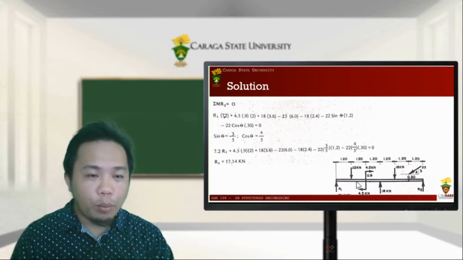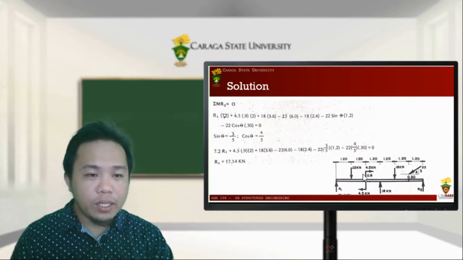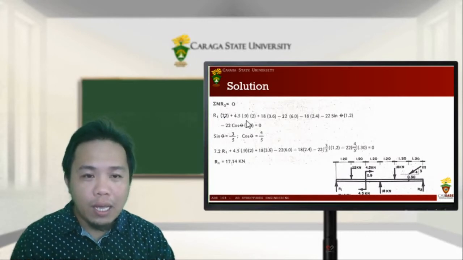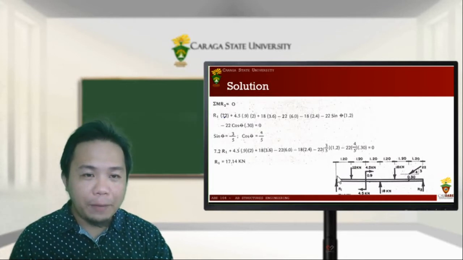Then the next one is this couple, 4.5. Its perpendicular distance is 0.9 plus 0.9, so 0.9 multiplied by 2, which gives 4.5.